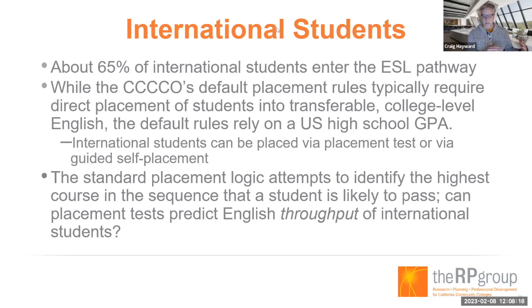Of course, in addition to the changes brought on by AB 705, we also had the COVID-19 pandemic hit not that long ago, and the shift to an online environment really changed how many colleges did assessment and placement. So that, as much as anything else, shifted placement of international students towards a more guided self-placement process than had previously been common.